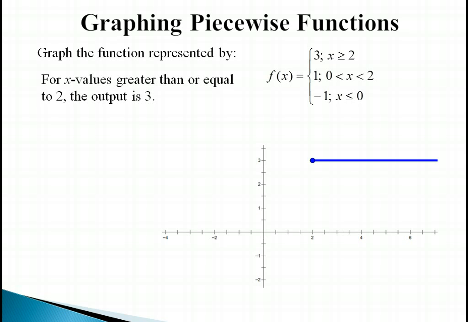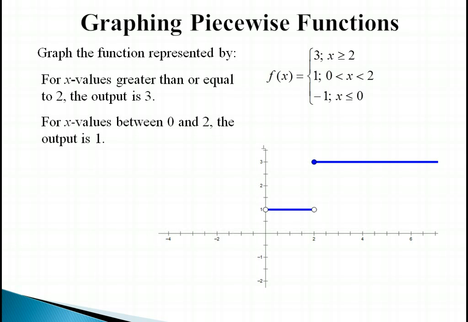So for the first part of the graph, for any x values greater than or equal to 2, the output is always 3, which means that we have this horizontal line going through y equals 3. But we're not graphing the entire line because our domain is restricted to be greater than or equal to 2. We do have a closed endpoint at 2 because it has the or equal to sign in our function.